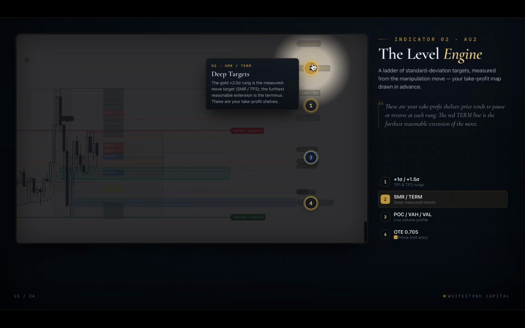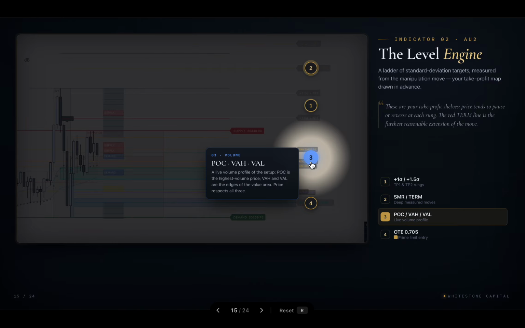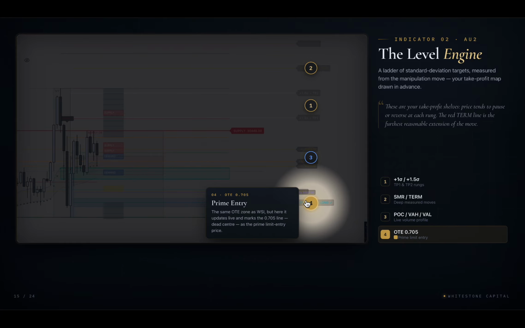Then the deeper measures move into gold, out to the terminus, the furthest reasonable extension of the move. These are your take profit shelves. Price tends to pause or reverse at each rung. And POC, VAH, VAL give you a live volume profile of the setup.